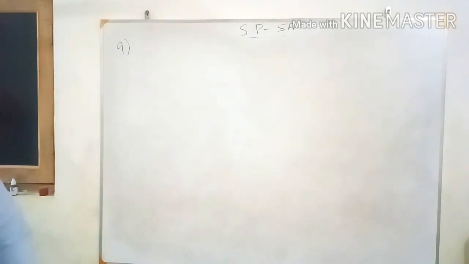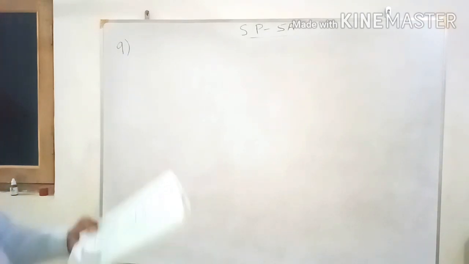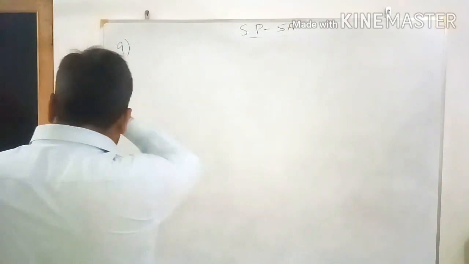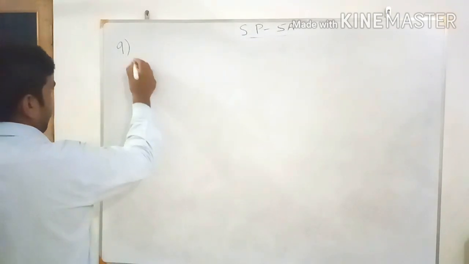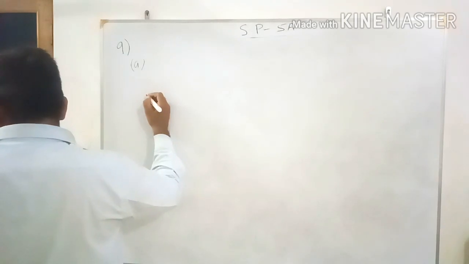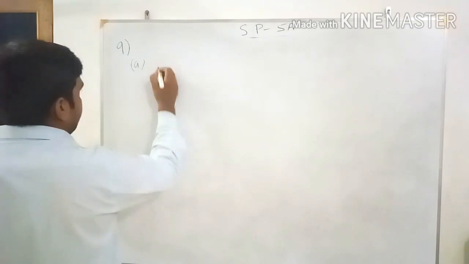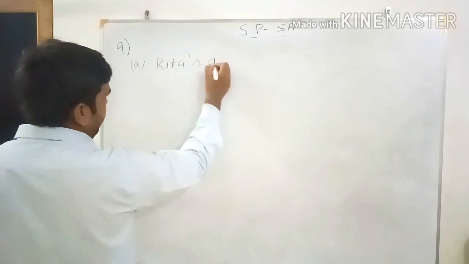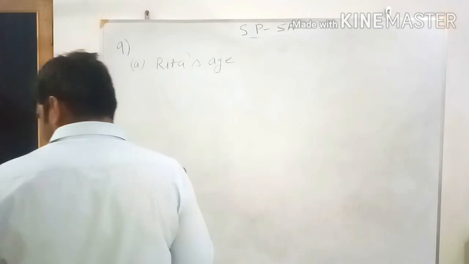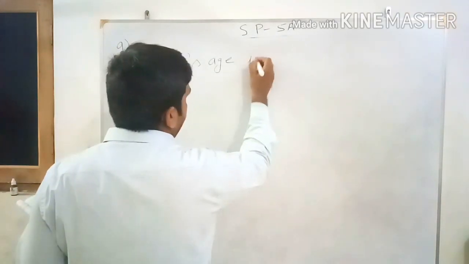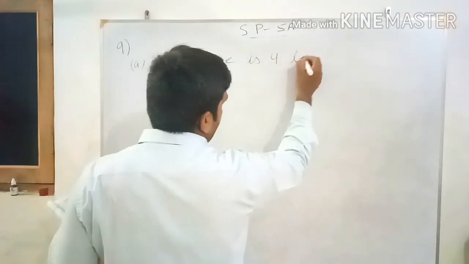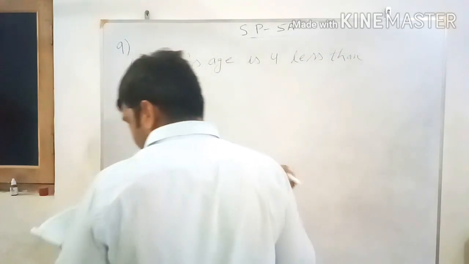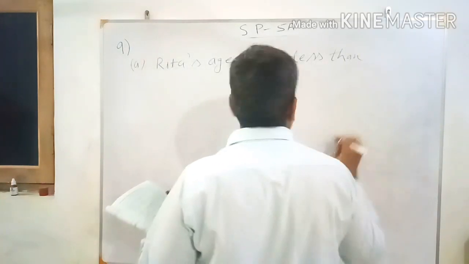Question number 9. Write the algebraic expression for the following situation. Algebraic expression we have to write. Ritu's age is 4 less than Rita's age, and Rita's age is 4 less than her daughter's age x.